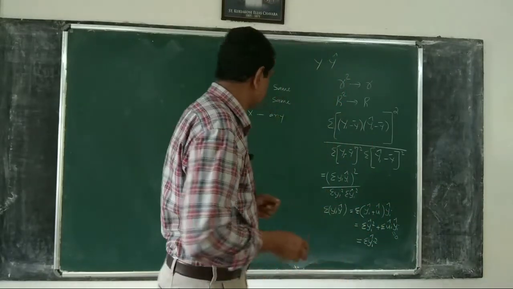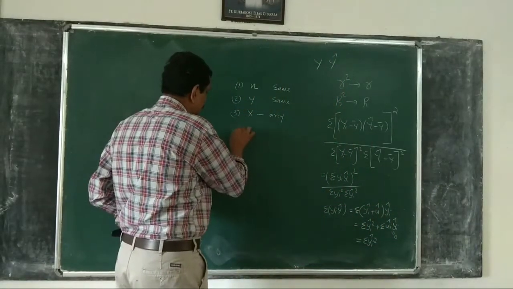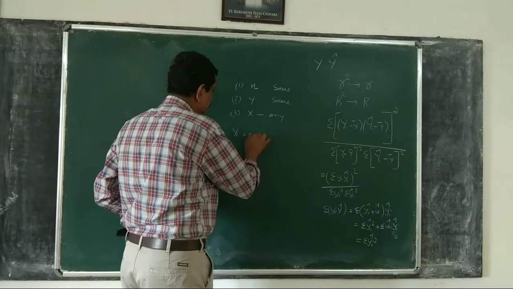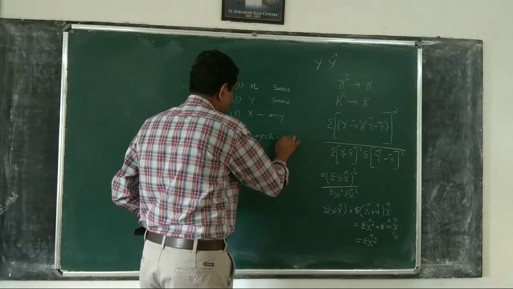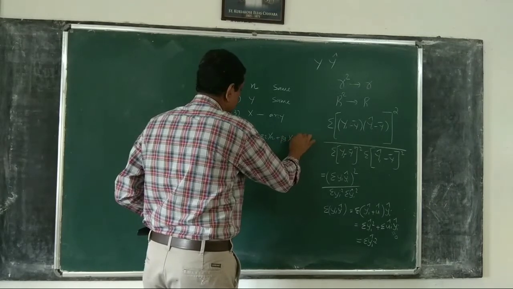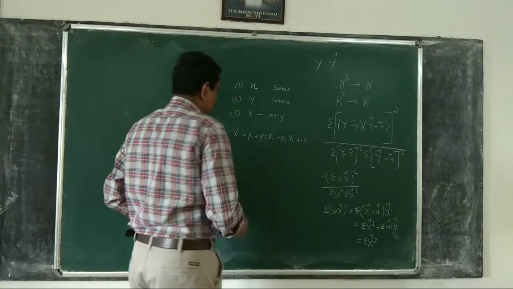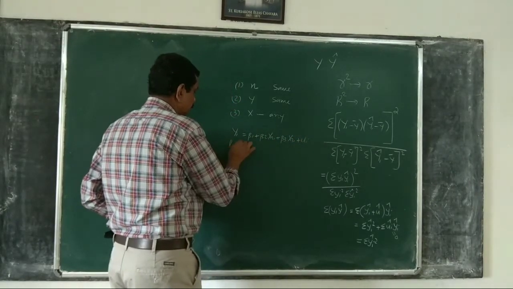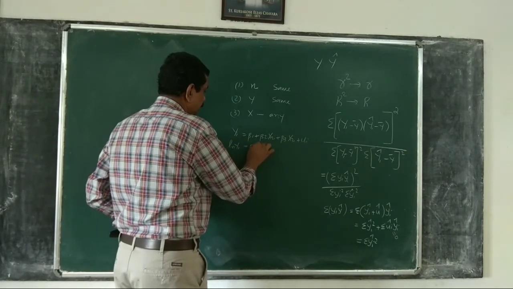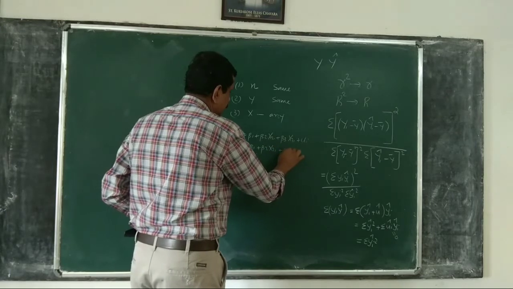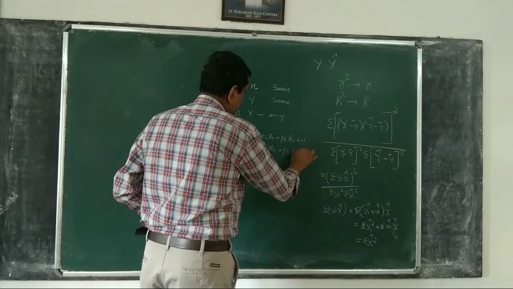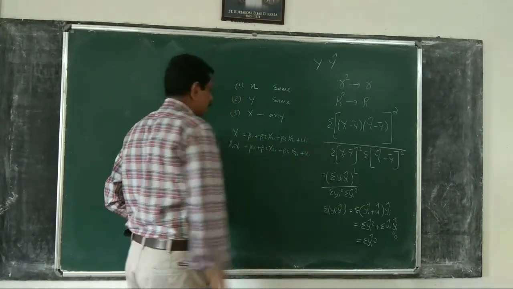For example, consider a model yi equals beta 1 plus beta 2 x2i plus beta 3 x3i plus ui, and another model ln yi equals beta 1 plus beta 2 x2i plus beta 3 x3i plus ui.